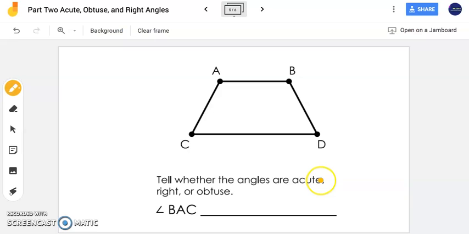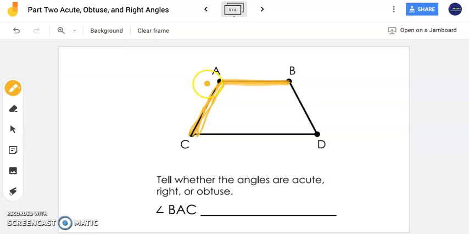Now for this next one here, I have a trapezoid. Tell whether the angles are acute, right, or obtuse. Now they're asking angle BAC here. So first let me find BAC. I find point B, and that's going to help me figure out angle B to A to C. And notice I'm highlighting where this angle is located in my trapezoid. This is going to make it much easier for me to figure out how I am going to classify this angle.